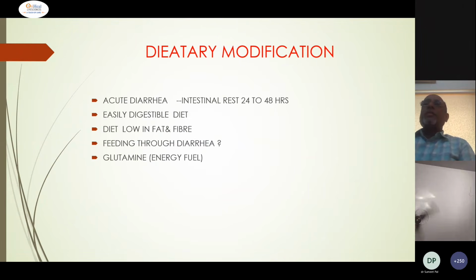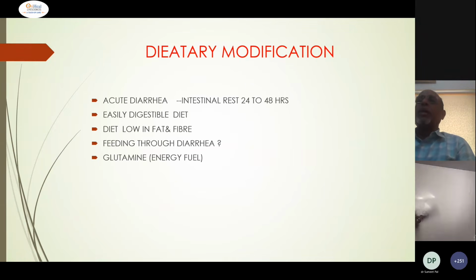So dietary modification. In acute diarrhea, usually intestinal rest for 24 to 48 hours. This is being questioned, but nevertheless, whenever the animal is presented to you for acute diarrhea, you introduce highly digestible carbohydrate and protein, and the protein should be a single source.